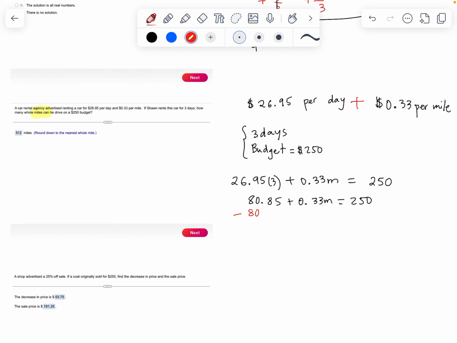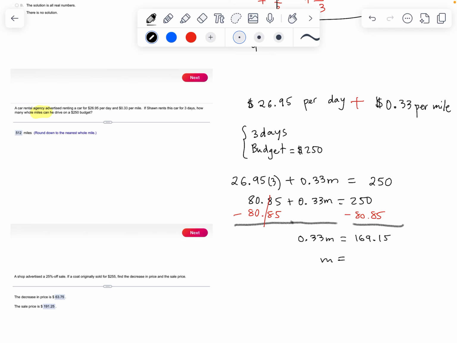Then you solve for m, that means you subtract 80.85 on both sides here. And what do you get? Here goes 0, and then I'm left with 0.33m here, and on the right side it's going to be 169.15.